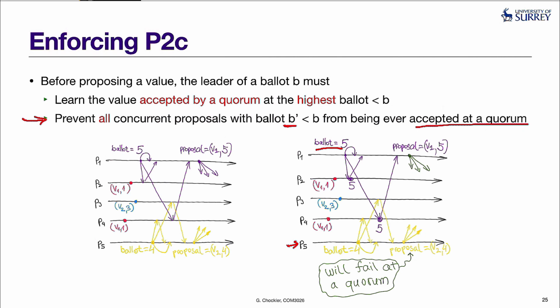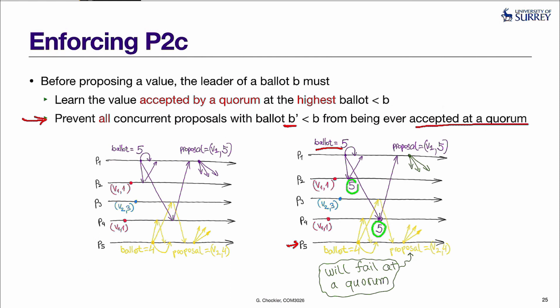To do this, it is not enough just to do something at the leader. The actual processes also need to cooperate with the leader. And how do they cooperate? They remember, in a local variable in their state, the highest ballot that they have ever seen, in which they have ever participated.